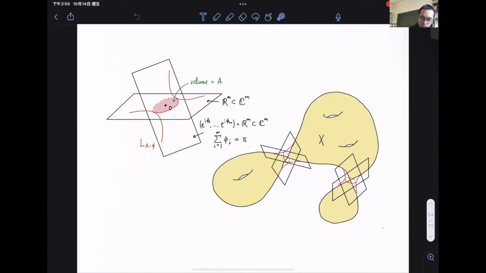The Lawlor neck is this red submanifold, and roughly speaking, the volume of this central ball is equal to this capital A. So if we have an immersed special Lagrangian here, and each tangent plane at the immersed point satisfies this angle condition, then we can glue this Lawlor neck into a neighborhood of the immersed point to get an embedded Lagrangian submanifold N_epsilon.